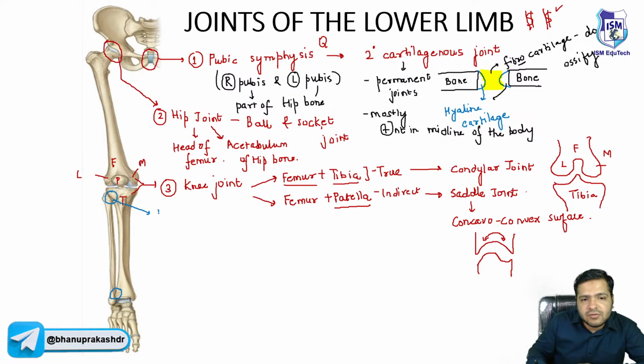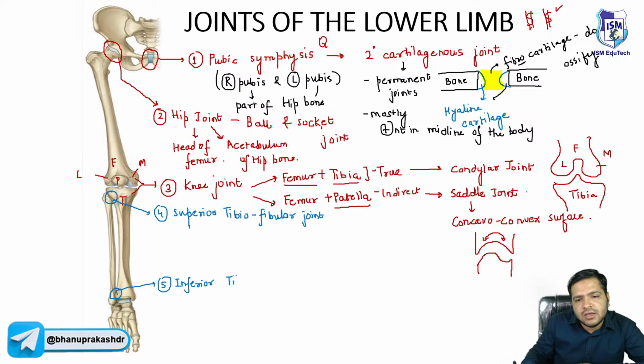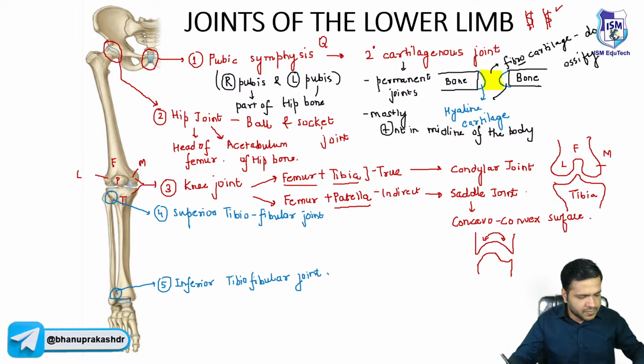Okay, this is called the superior tibiofibular joint, and this one is called the inferior tibiofibular joint. We have the superior tibiofibular joint and the inferior tibiofibular joint.